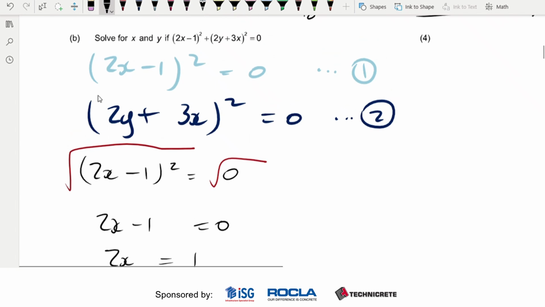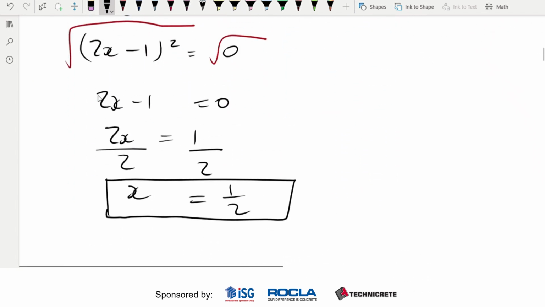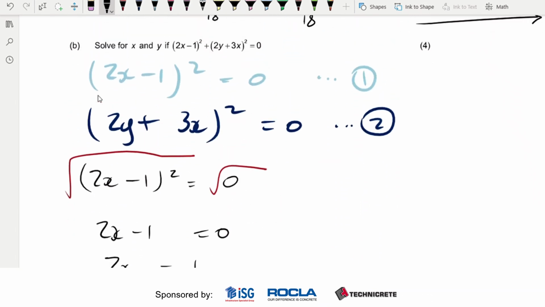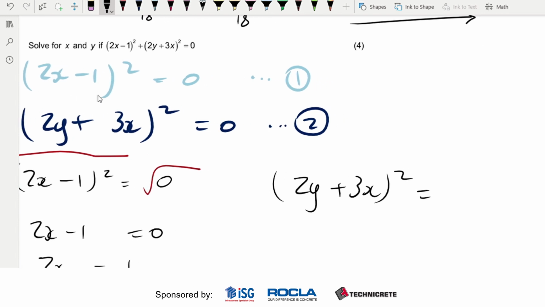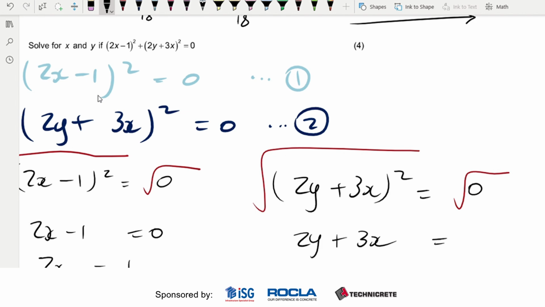Now we need to solve for y. We can solve for y by substituting x into equation 2. We'll do the same thing that we did for equation 1. 2y plus 3x squared is equal to 0. If we take the square root of both sides, we're left with 2y plus 3x is equal to 0.